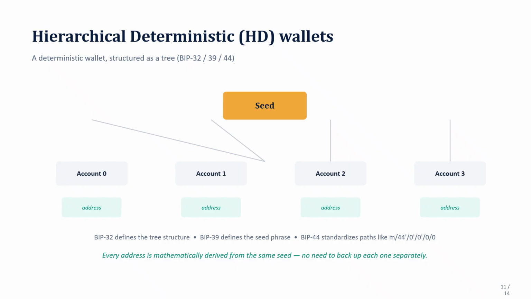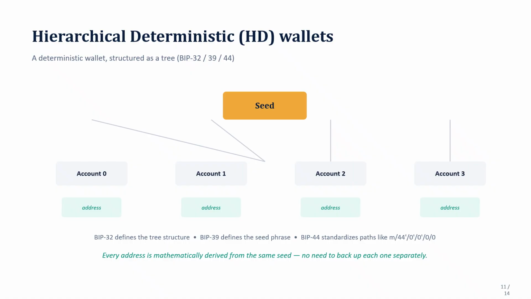Hierarchical deterministic wallets. That single seed is powerful because of hierarchical deterministic wallets, HD wallets for short. This is a structured version of the deterministic wallet, standardized across three BIPs. BIP 32 defines the tree structure itself. BIP 39 gives us the mnemonic seed phrase, and BIP 44 standardizes derivation paths like m/44'/0'/0'.